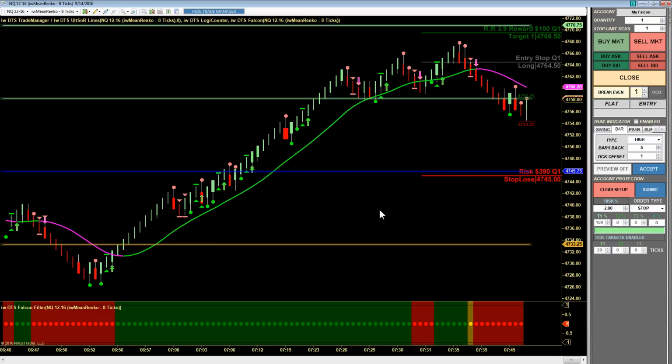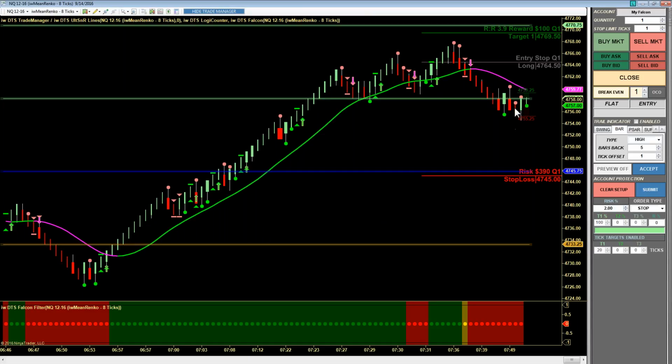So let's say our initial risk was like this. Okay, so now the buyers are pressing. I would love to see this bar finish on a bullish note. But even if it doesn't, I can bring my stop in right there.